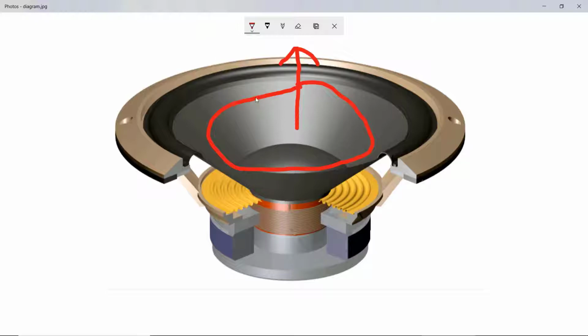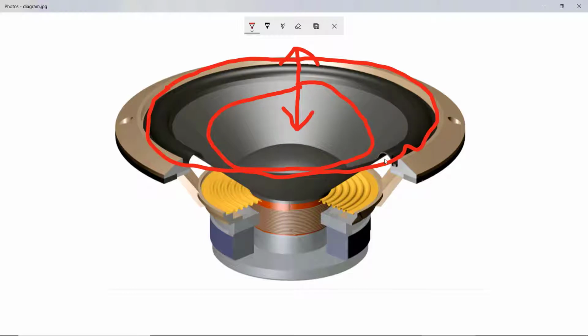And so if somehow we can make this cone move forward and backward, so if we can get it to push out and then push back in, so to speak, it'll sit there pushing and pulling on this big cone of air that's around the speaker. This big cone of air is like a big cylinder of air in front of the speaker that's being pushed and pulled on. Well, how do you go about doing that?